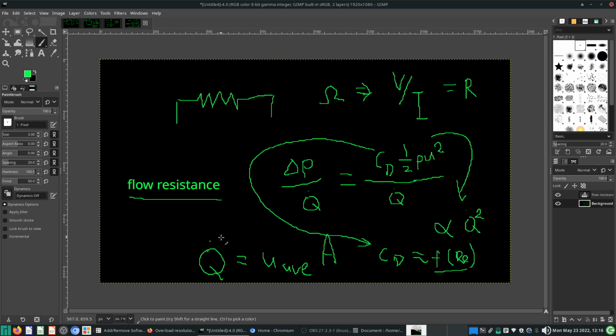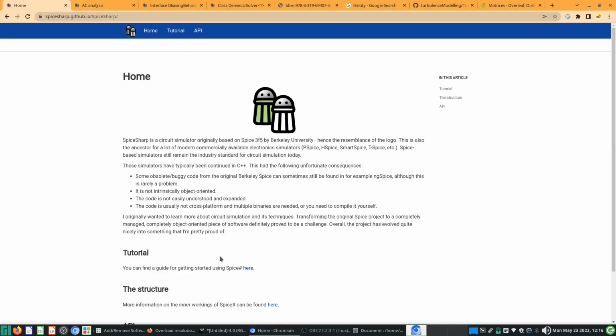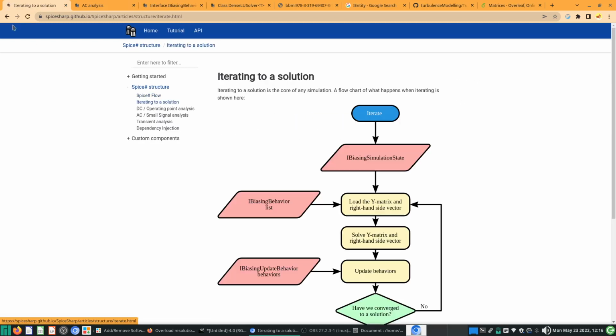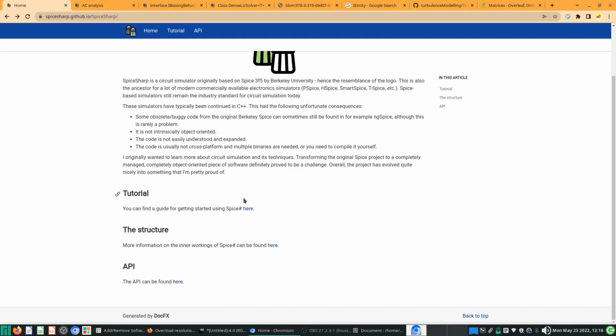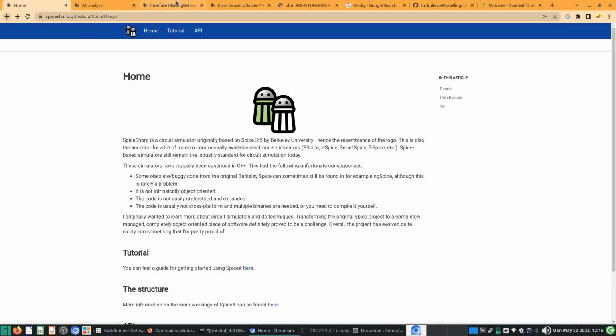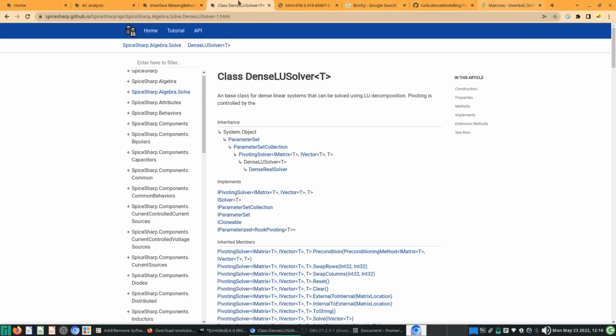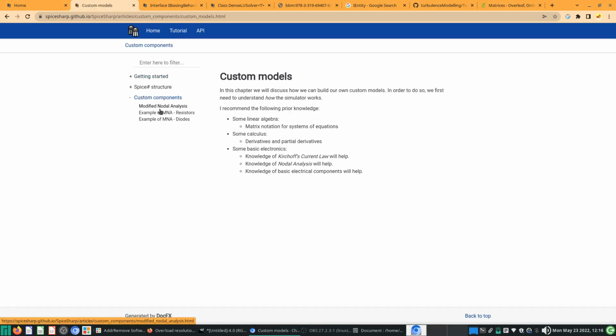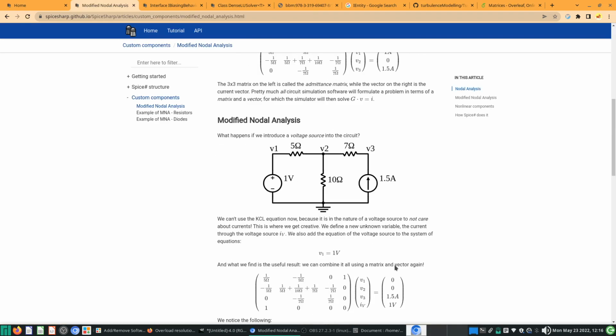So why don't solvers use the same algorithm? It's because of this problem. Now, thankfully for us here in SpiceSharp, there is an acknowledgement that most of the time you will find electronic components.